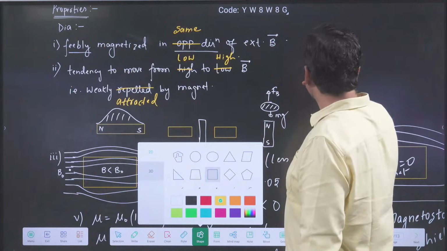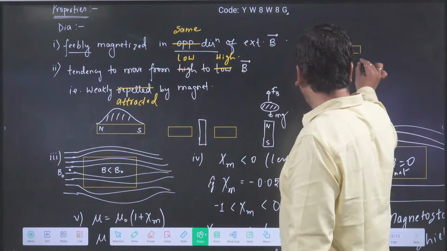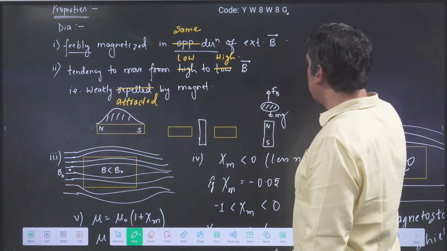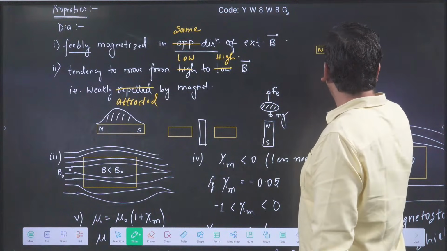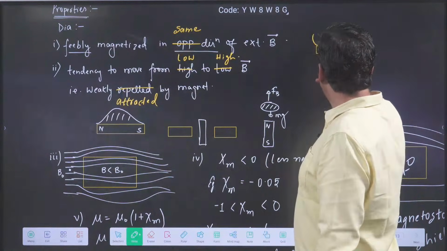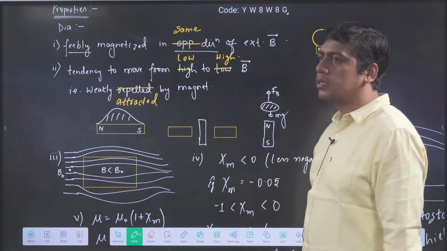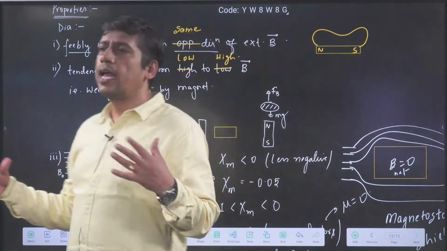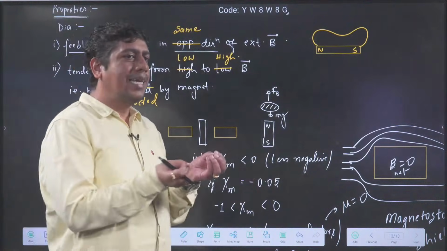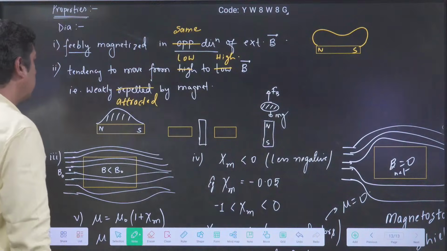That means if you take a paramagnetic material in powder form and sprinkle it, it will form a shape like this. More will accumulate at the poles and less at the center.